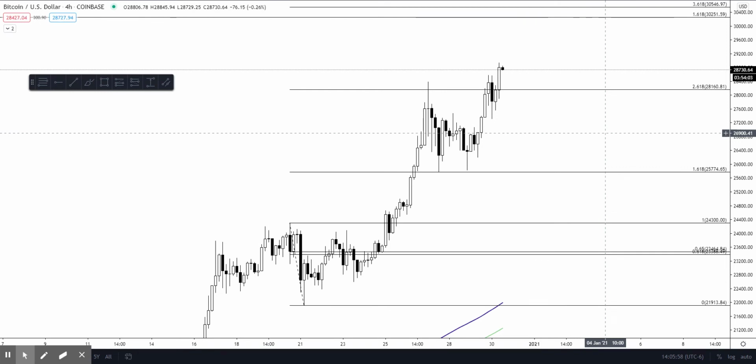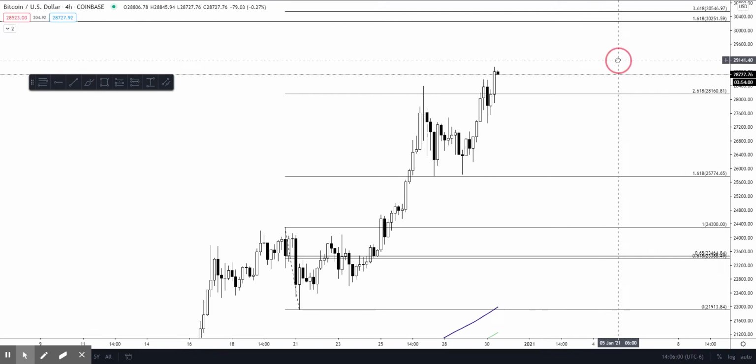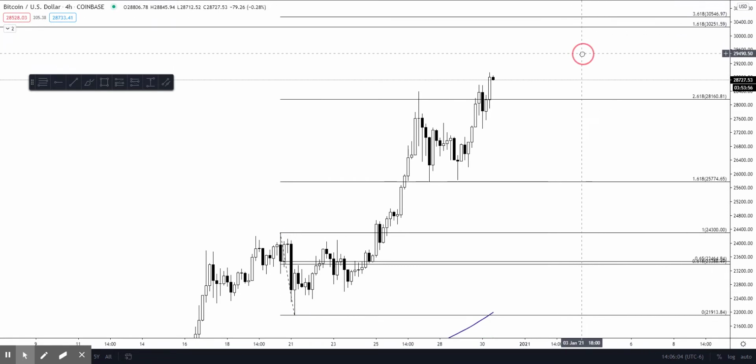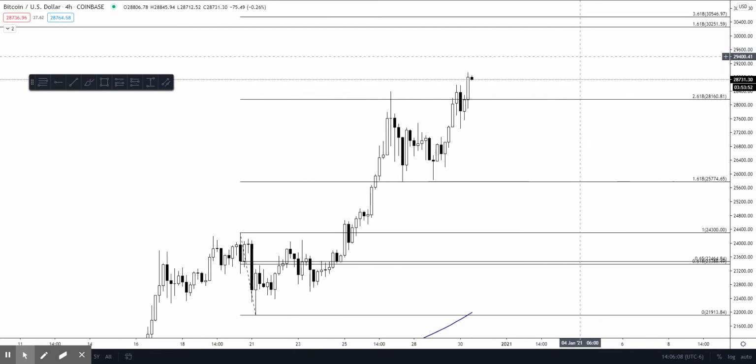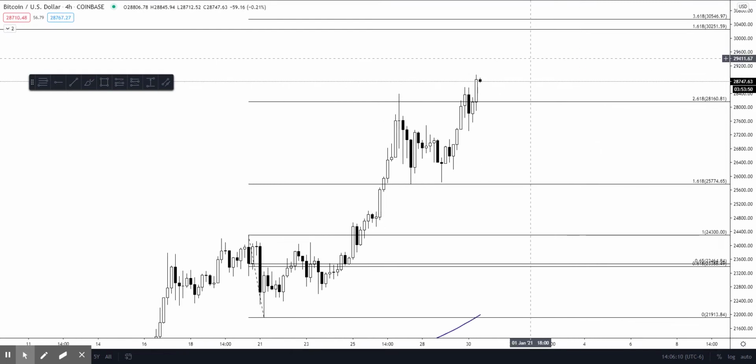So you move level to level, and that 3.618 is nicely confluent with our higher time frame 1.618. So nice confluence there. Our low time frames are matching up with our high time frame analysis.